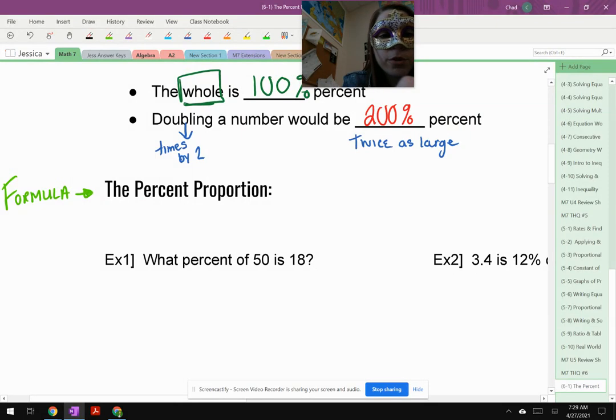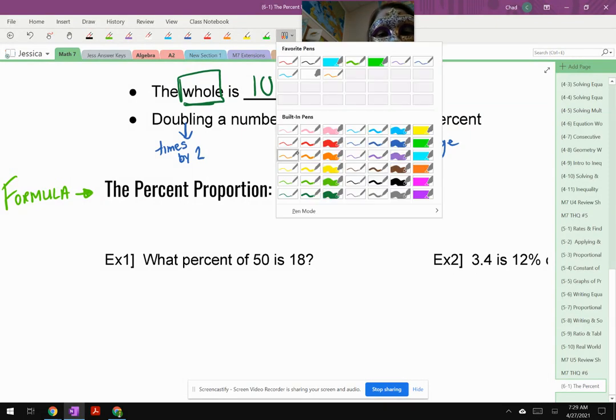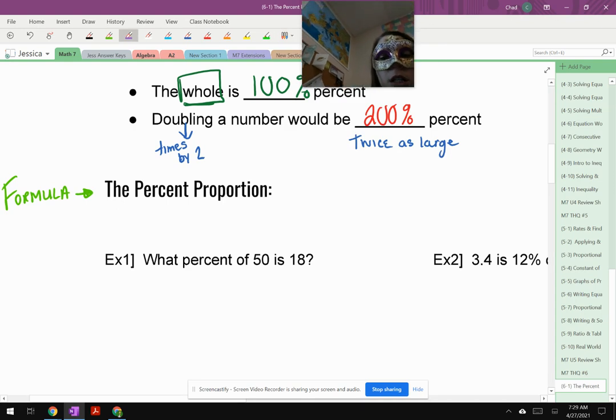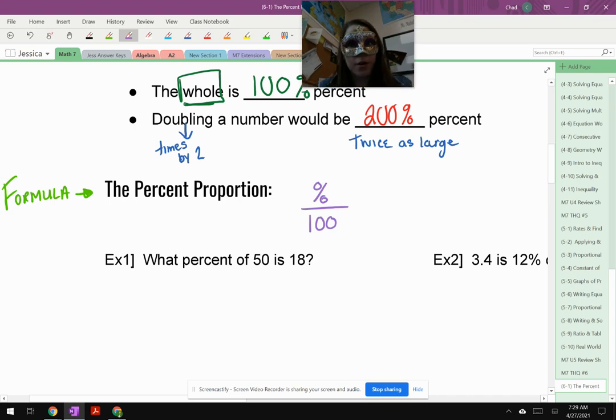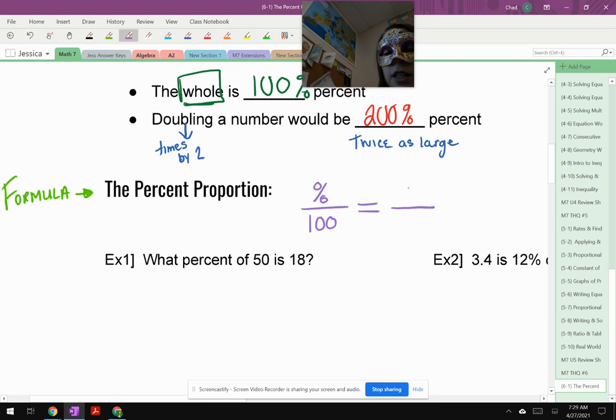The percent proportion formula is, drum roll please, percent over 100, because remember, percents are out of 100, so that's easy enough to remember. And a proportion is a fraction equal to a fraction, and that's equal to the part over the whole.